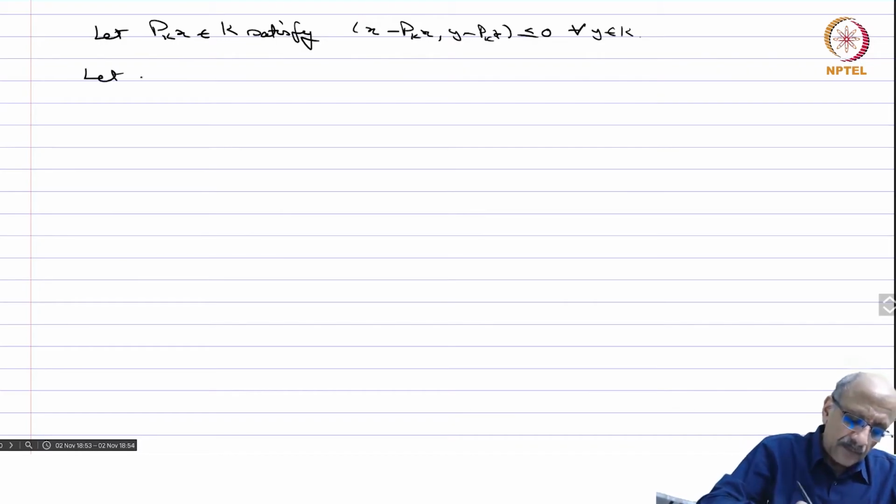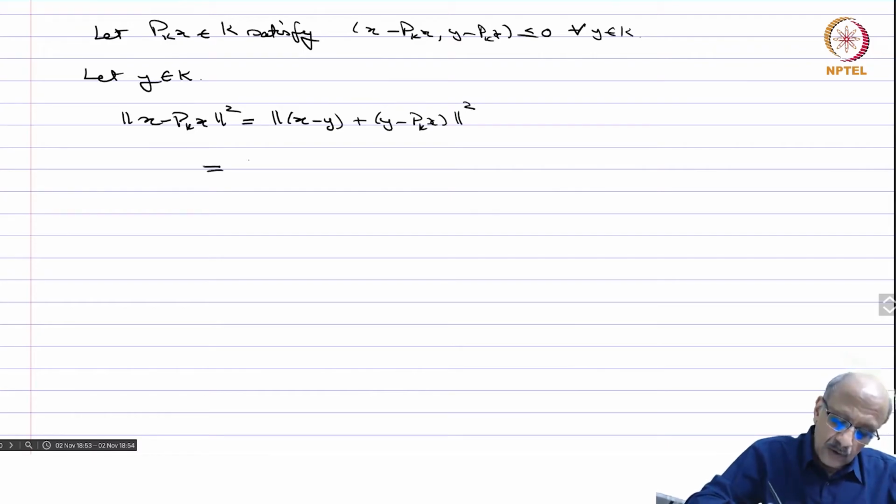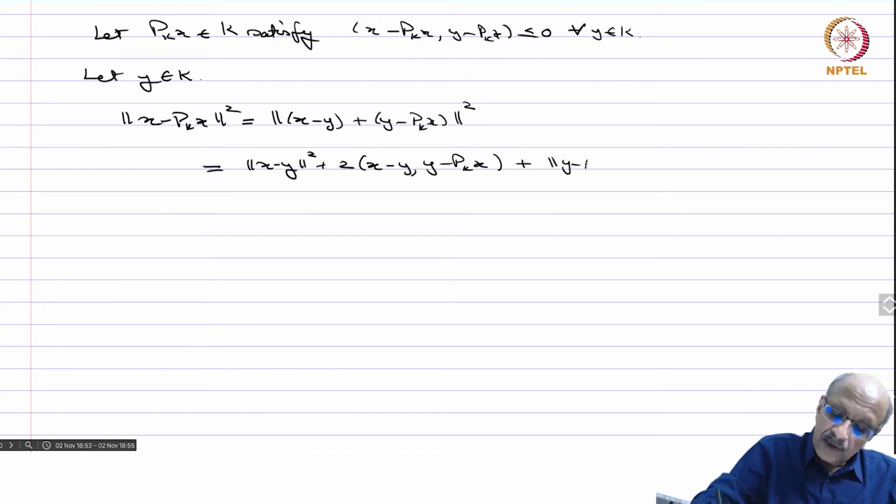Let y belong to K. So you have norm of x minus P_K x squared is equal to norm of x minus y plus y minus P_K x, squared. So that is equal to norm of x minus y squared plus 2 times the inner product of x minus y and y minus P_K x plus norm of y minus P_K x squared.